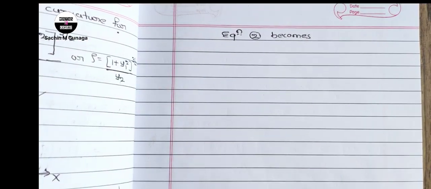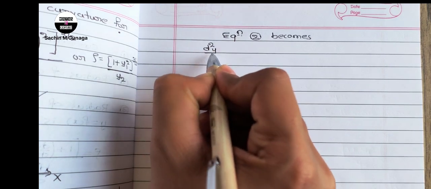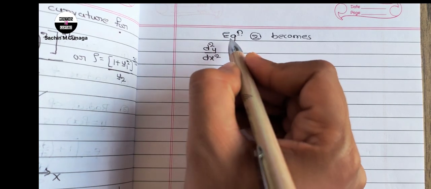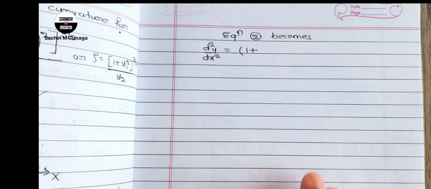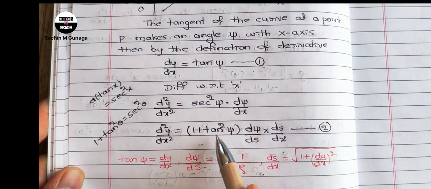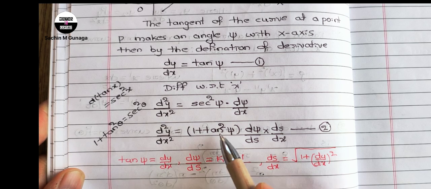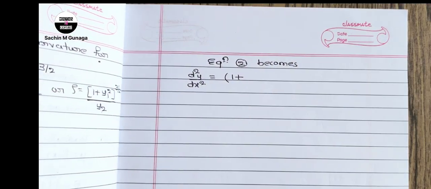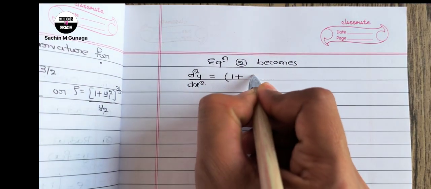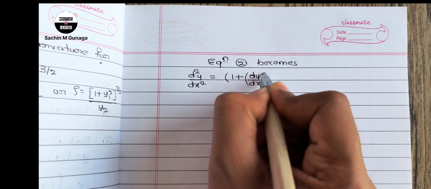on the left hand side, d square y divided by dx square, keep it as it is. d square y divided by dx square is equal to 1 plus tan psi squared. Tan psi is nothing but dy divided by dx, but the power of tan is square, therefore it becomes (dy divided by dx) whole squared.